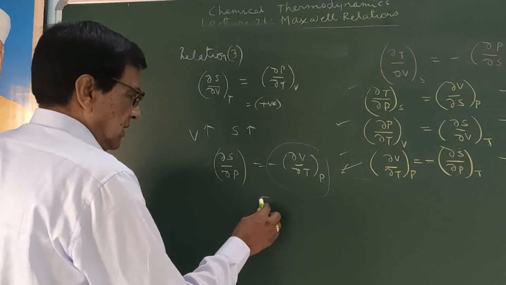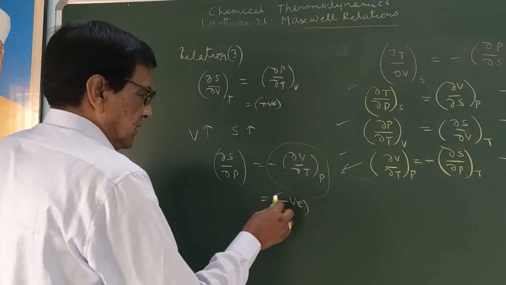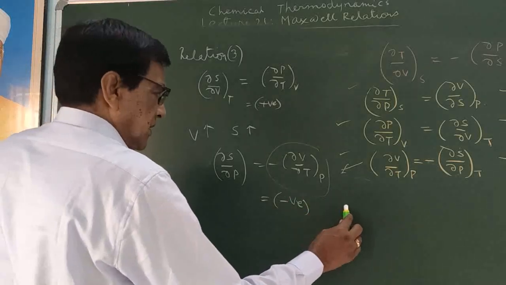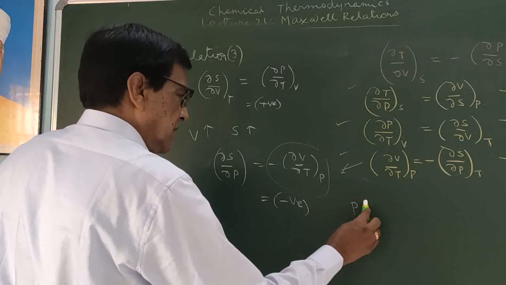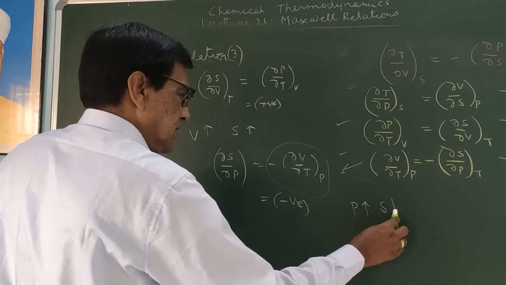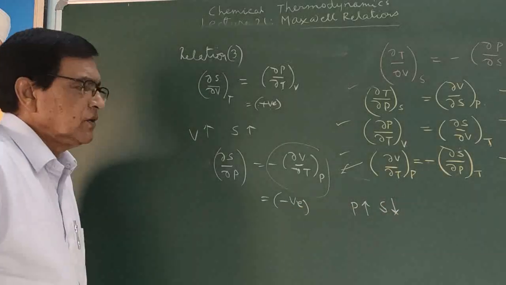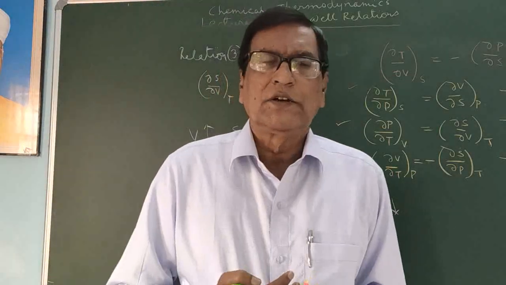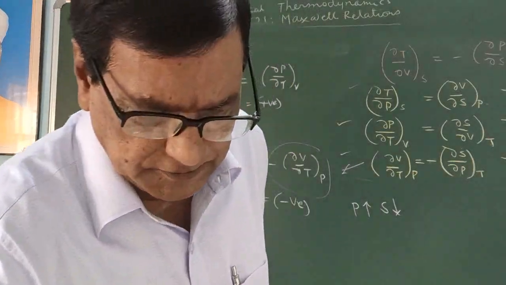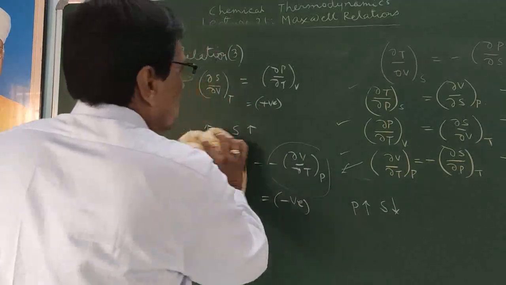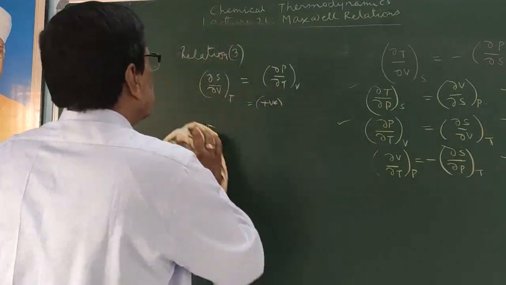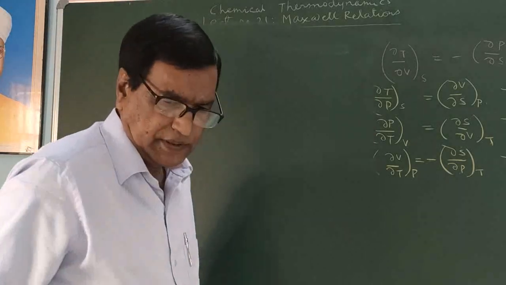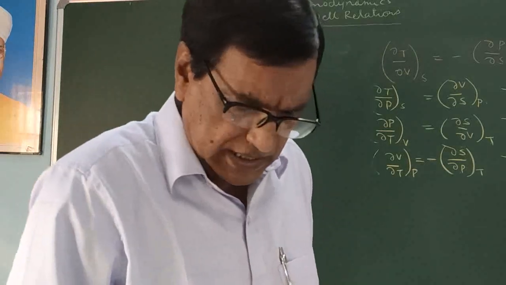This one is positive and here negative signs, so negative. That means whenever P is increased, S is decreased. What does it mean? With this increase of pressure, the entropy or the randomness of the system must decrease. So these are the four relations having certain utility.